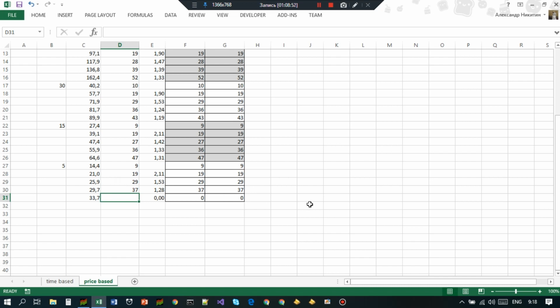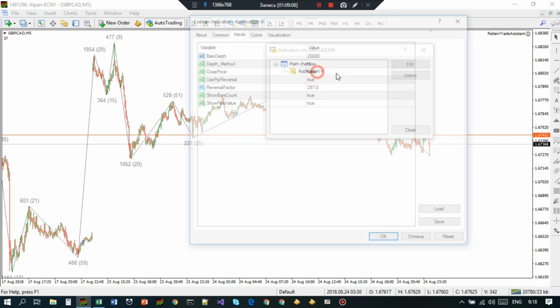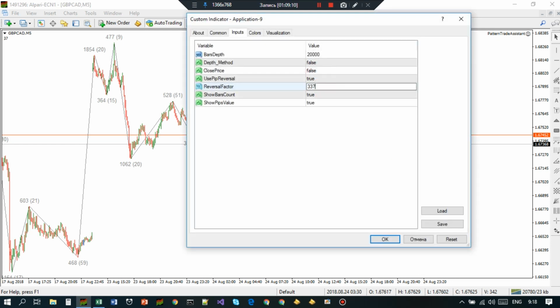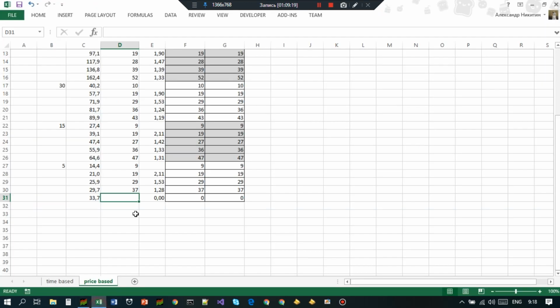And we will have somewhere around 48 to 49 if we type 33.7. Okay, so 48 to 49. 48. Okay, wonderful, wonderful. There is obviously a pattern.